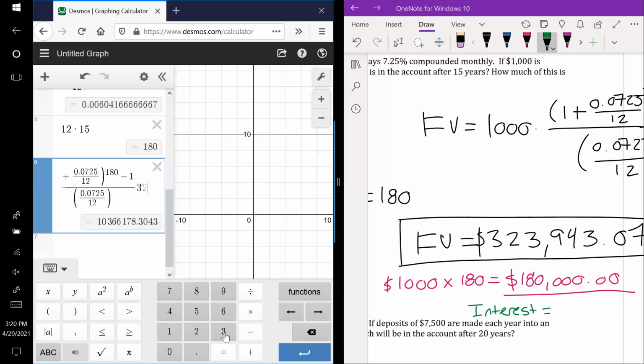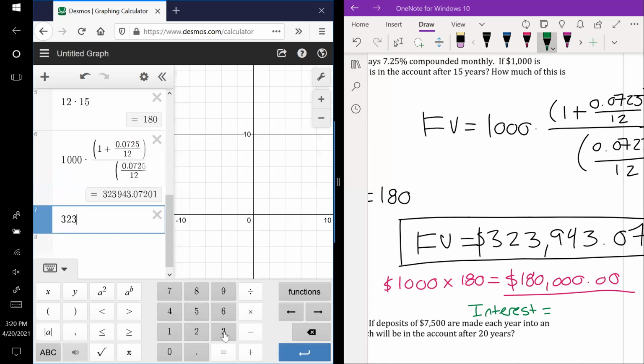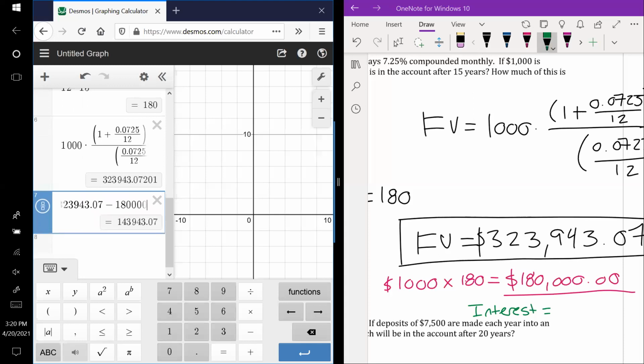So 943.07 minus 180,000 says that we earned $143,943 and 7 cents in interest.